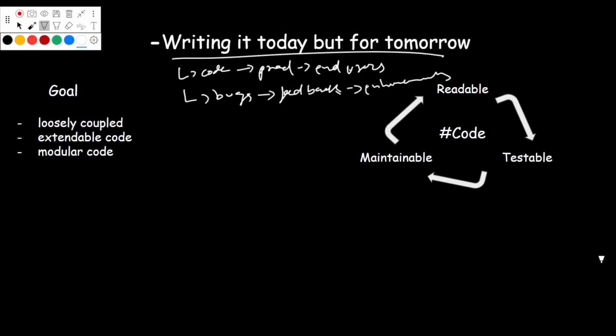So our code should be such that it could easily incorporate all these bugs, feedback or enhancements. That is the goal which we try to achieve with the help of SOLID design principles.